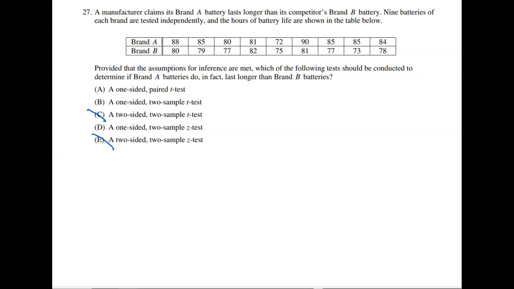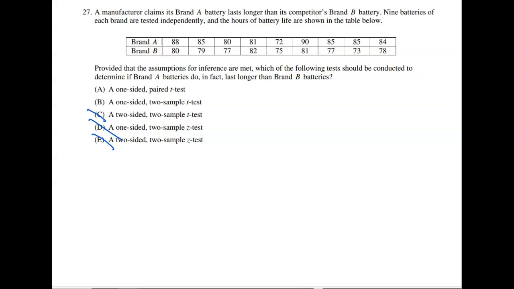Right? We do not know anything about the population standard deviation. So in this case, we are going to say that this is going to be a t-test, and we'll get rid of D. And so now we're just choosing between A, a one-sided paired t-test, or B, which is a one-sided two-sample t-test.